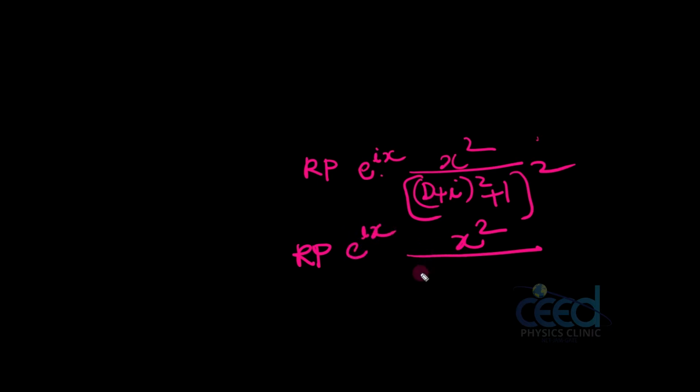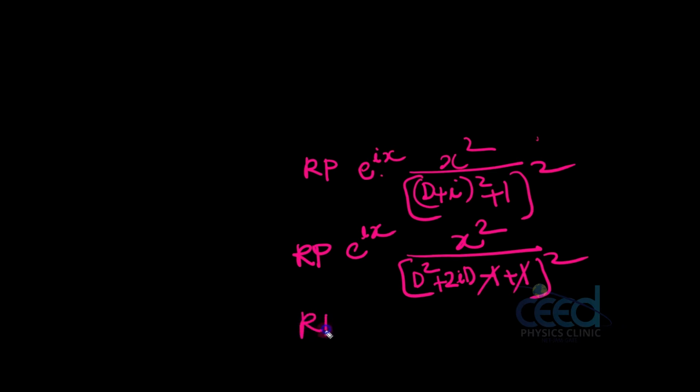Now d plus i whole square is d square plus 2d i plus i square, which is minus 1, so minus 1 plus 1, plus 1 the whole square, right? So here we have 2id.